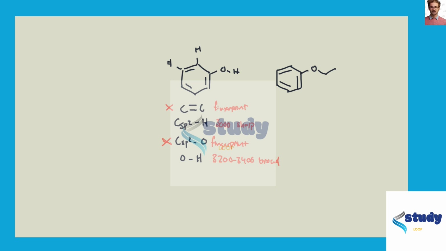We've got basically all the same bonds. We've got CC double bonds. We've got carbon sp2 to hydrogen. We've got carbon sp2 to oxygen, but we no longer have OH, right? We only have oxygen to sp2 carbon and oxygen to sp3 carbon.